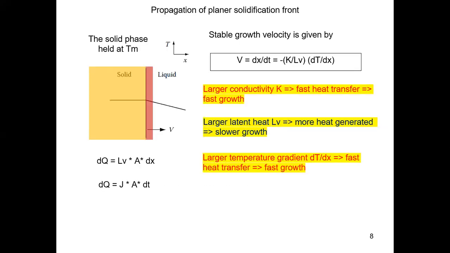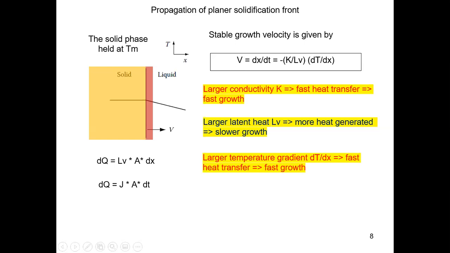Okay, so that's all I want to say about these processes. Again, conceptually, I think it is very straightforward. We just analyzed the scenario where you have this planar interface and a small amount of liquid transforming into the solid, and by considering the balance of heat generated and heat dissipated, and the first law of conduction for the heat, we arrive at this very nice equation for the velocity.